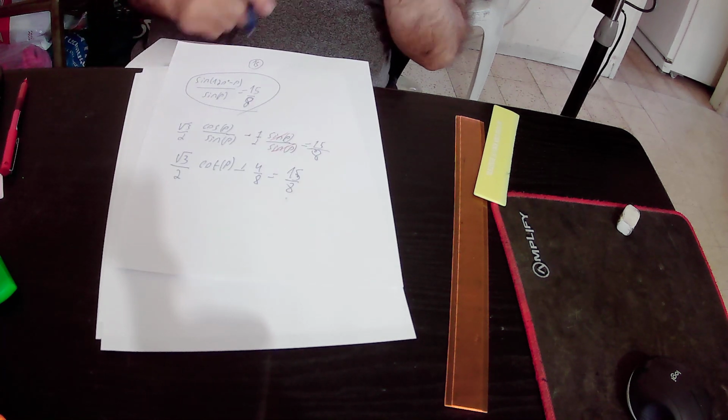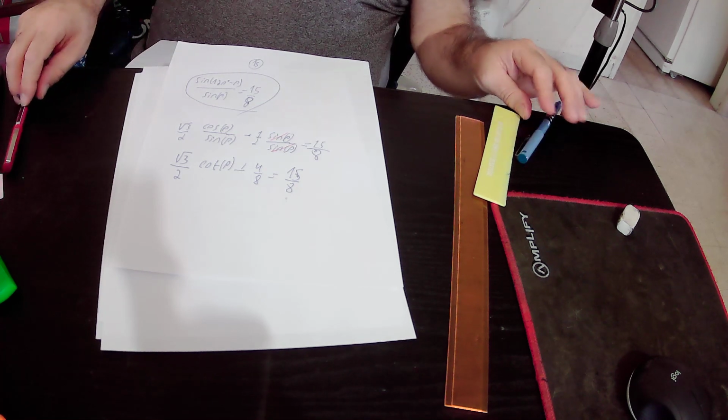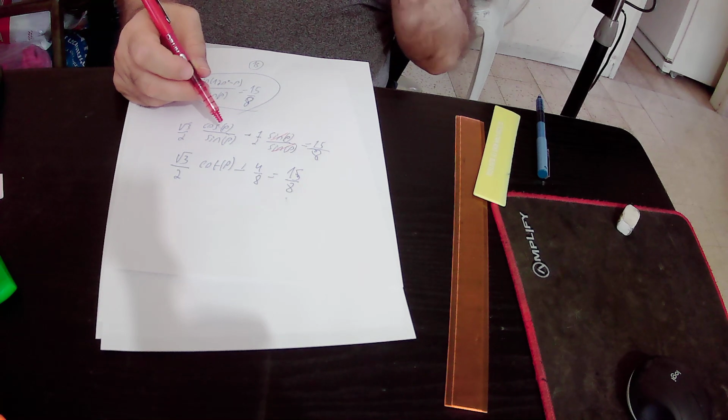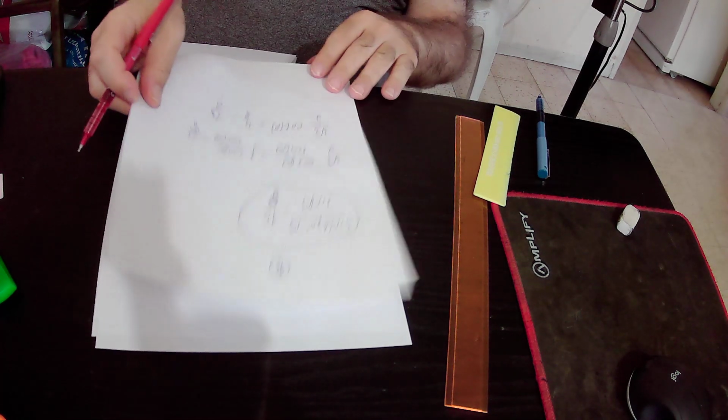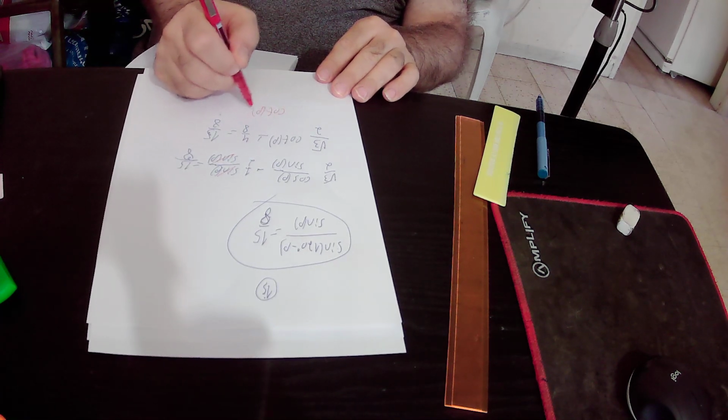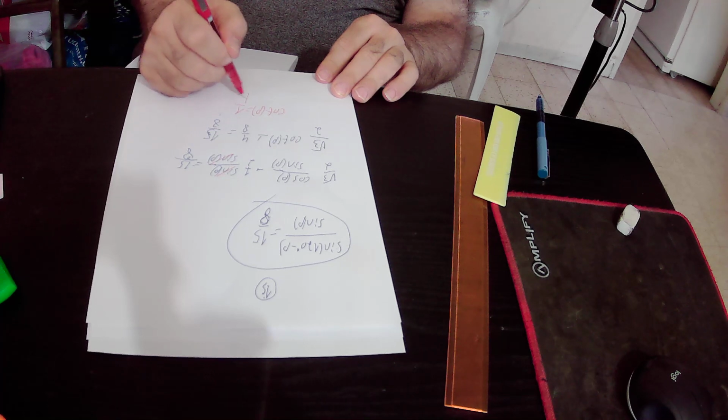We have a trigonometric identity that states that cotangent p equals 1 over tangent p.